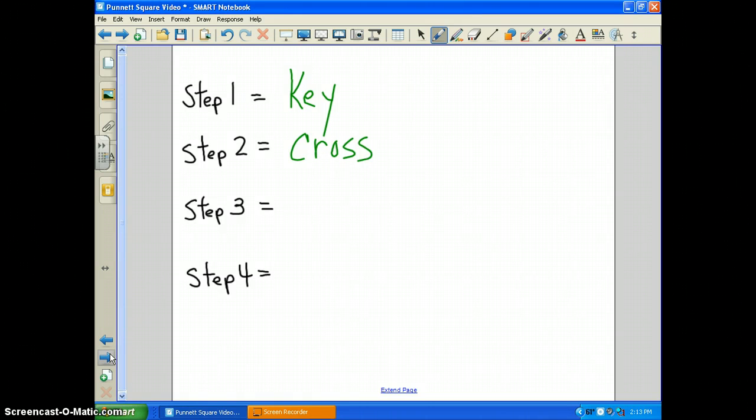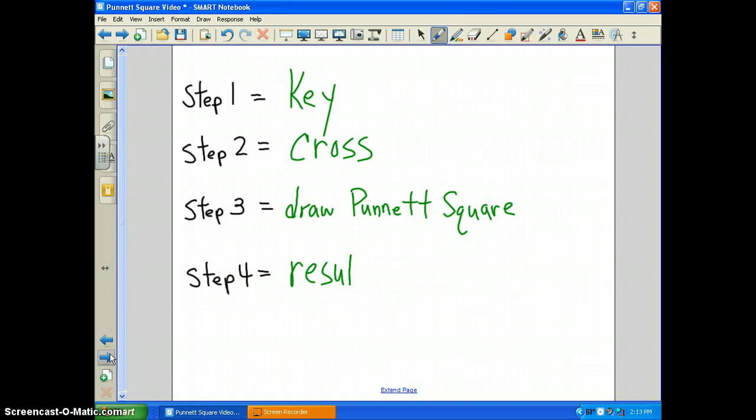Step number 3, draw your Punnett square. And step number 4, write your results in percentage.